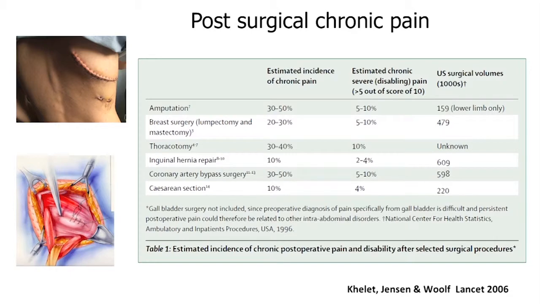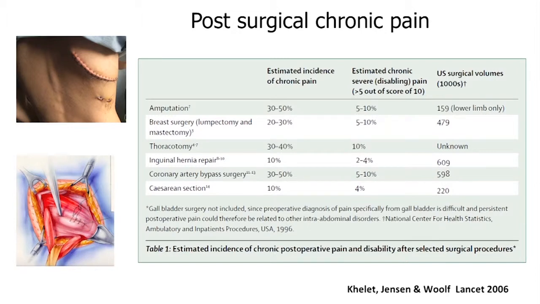The degree of pain experienced depends on the degree of damage, and in particular, whether nerves have been damaged as part of the surgical procedure. But we now appreciate that many patients, a minority, but still many patients, have severe disabling pain after surgical procedures.